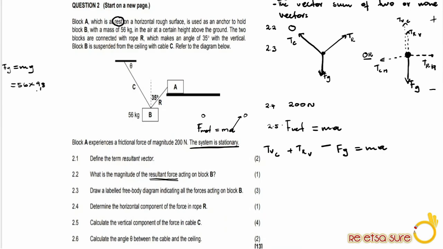So when I press my calculator, 56 multiplied by 9,8, my answer there is 548,8 newtons. So meaning in the position of FG, I'm going to put 548,8 newtons.